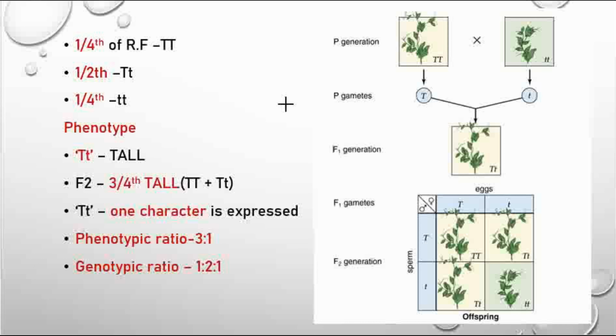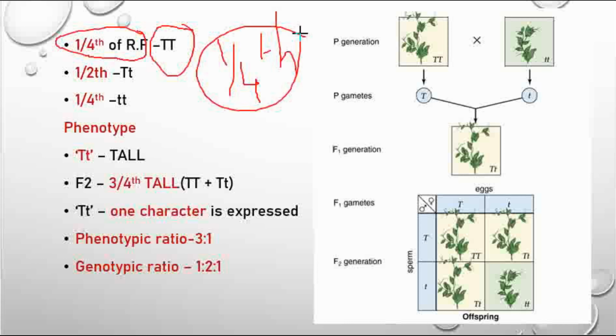So here random fertilization occur ஆகும் அப்படின்னு சொன்னோம் இல்லையா. So what you can see from this Punnett square is that 1/4 of the random fertilization lead to this combination of capital T, capital T. So it is 1/4 of the random fertilization அப்படின்னு சொல்கிறாங்க.